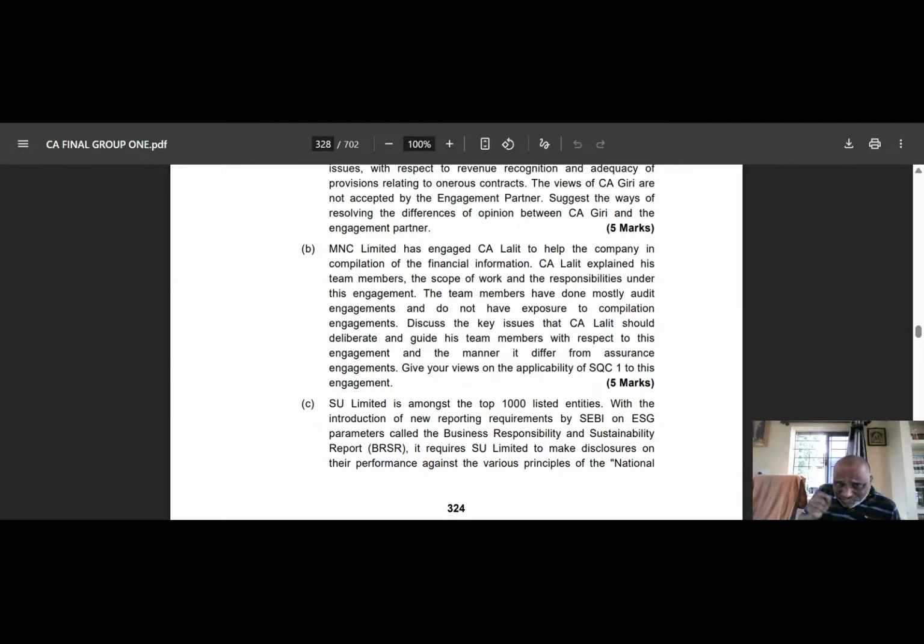Further, SQC1 applies to all engagement and quality control standards, since SA 4410 is also one of the engagement and quality control standards. SQC1 applies to the firm in respect of the firm's compilation engagement, which is covered under related services.